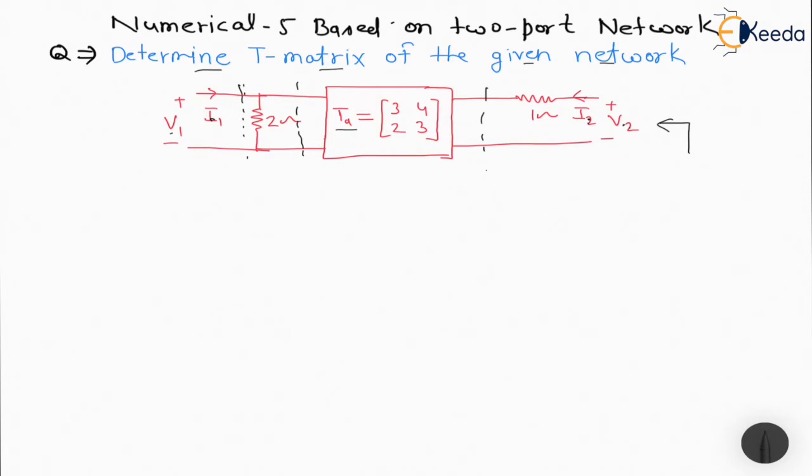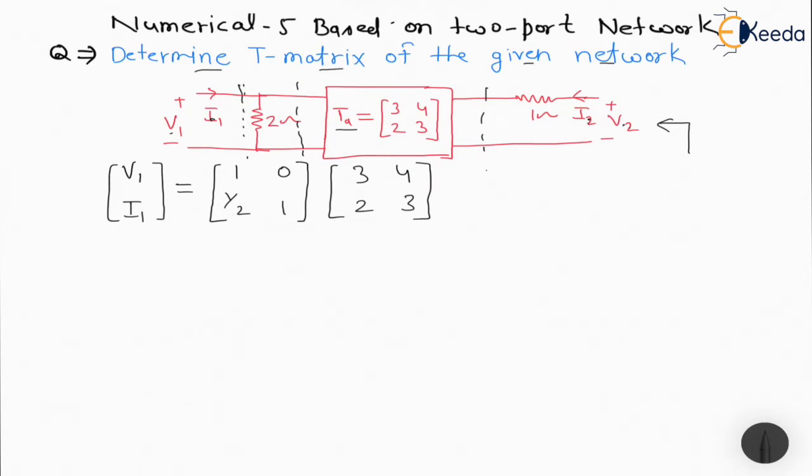So we can write final V1, final I1 input is equal to 1, 0, 1 by 2, 1, and this is given, 3, 4, 2, 3, and here it will be 1, 1, 0, 1, V2, I2. So the multiplication of these first, second and third matrices will be the final answer.